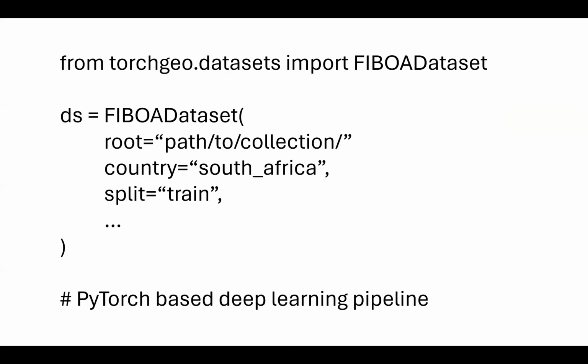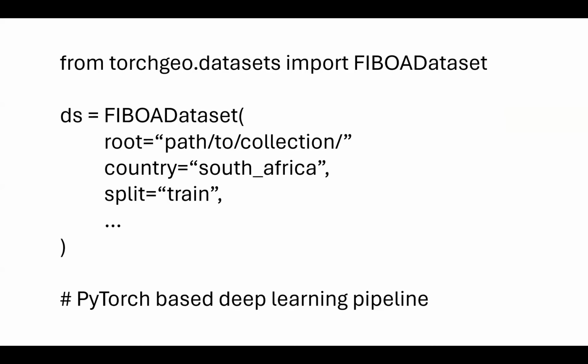So for machine learning people, we really want something that looks like this, a dataset object that we can instantiate, this pseudo Python code with the path to the FIBOA dataset on your machine, maybe it's a cloud resource, saying something that you want to filter by, like country name, and then either a training or testing split.